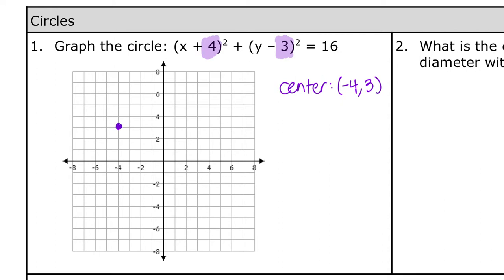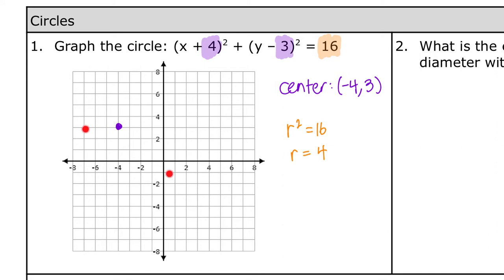And then the other important number is whatever it is equal to. So since this one equals 16, that is r squared. We need to know what just regular r is. So if we square root both sides, that would be 4. So that's going to be the radius of our circle. So starting from the center, you want to go 4 units in all 4 directions.